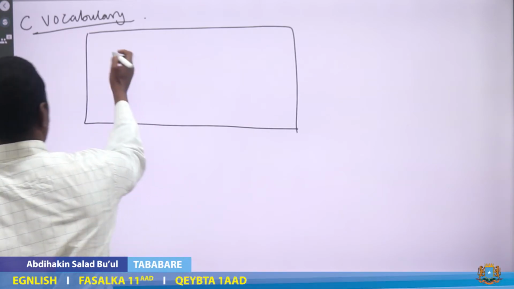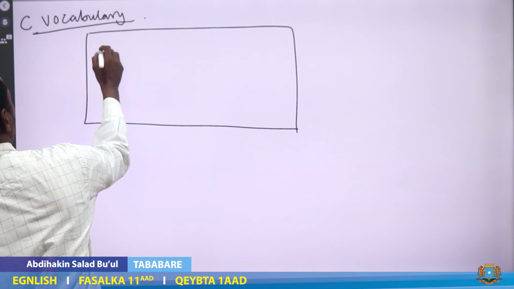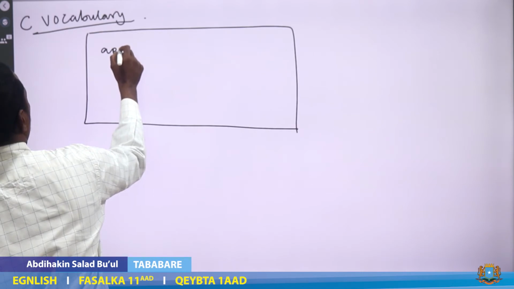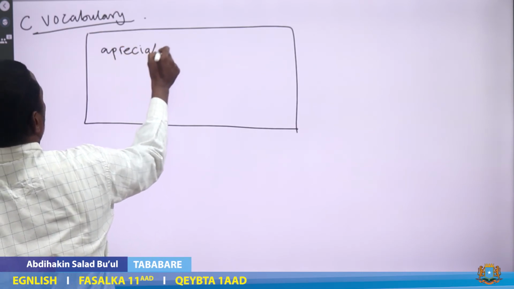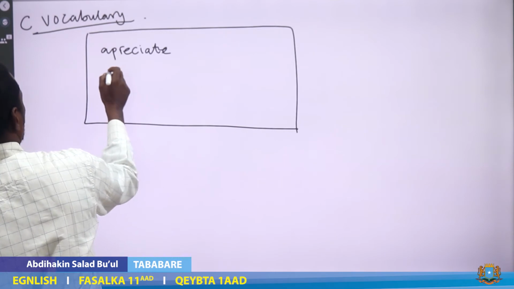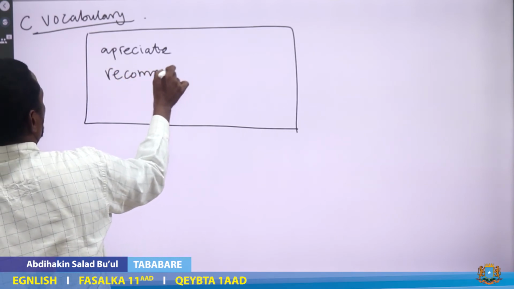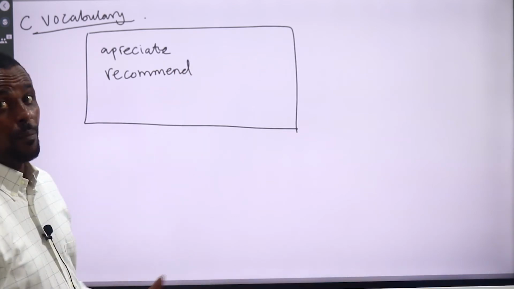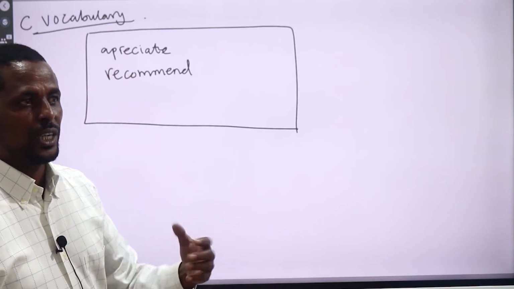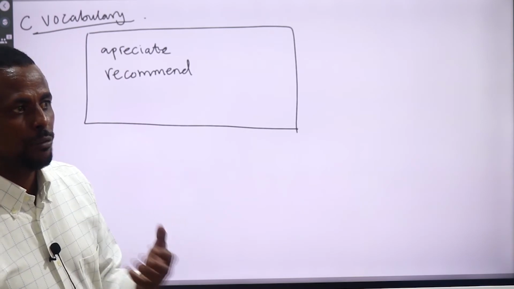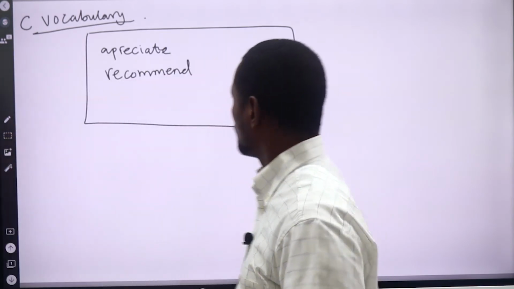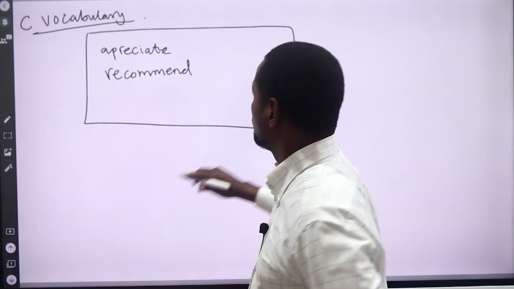For example, appreciate, recommend, wrap. These are just example words to demonstrate how you can improve the vocabulary of your students using the layout and the way these books are organized.